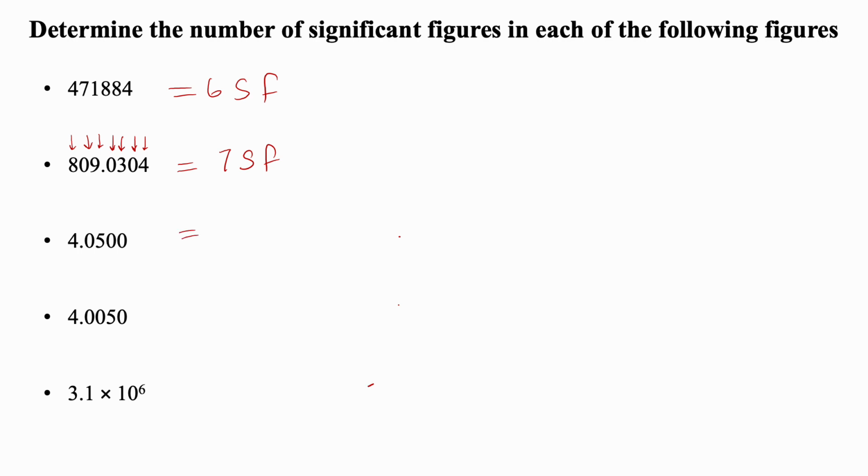In this example, there are 2 zeros after 5. Still, they are after the decimal place. You have to count them as significant. So, number 4, 0, 5 and these 2 zeros are significant. Therefore, you have 5 significant figures in this number.